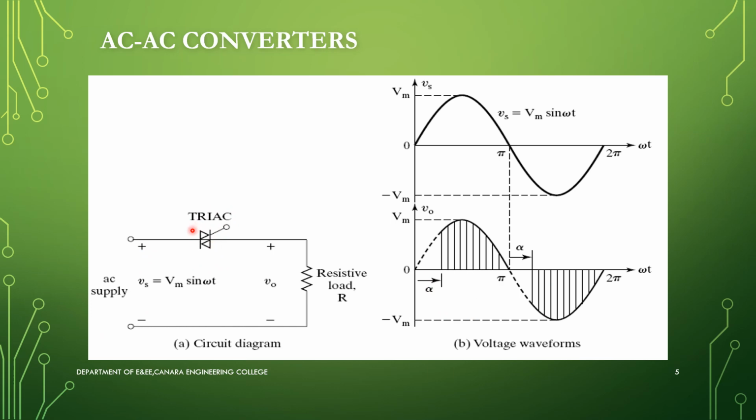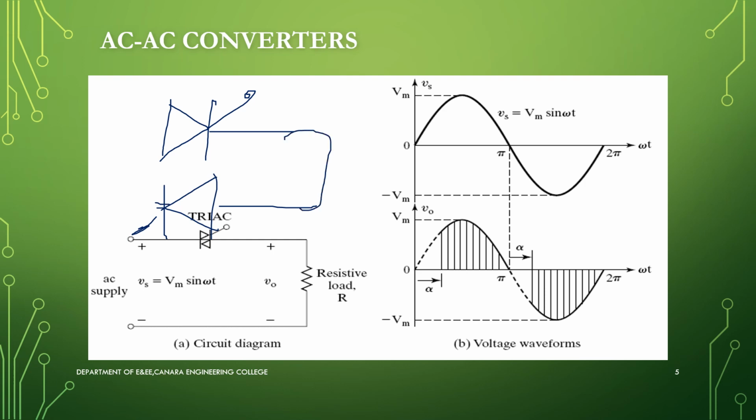Triac is a tri-electrode AC semiconductor switch. It is equivalent to two thyristors connected in anti-parallel. Say suppose this is one thyristor, and you will have one more thyristor this way. These two have to be connected in anti-parallel. This is nothing but a triac.